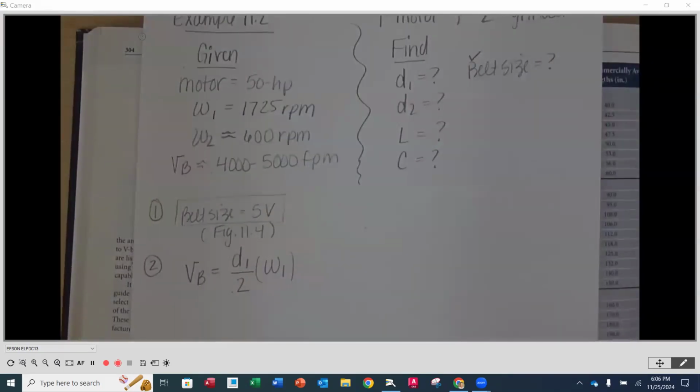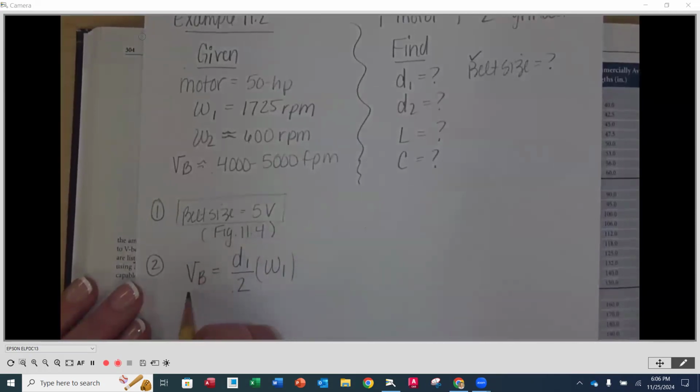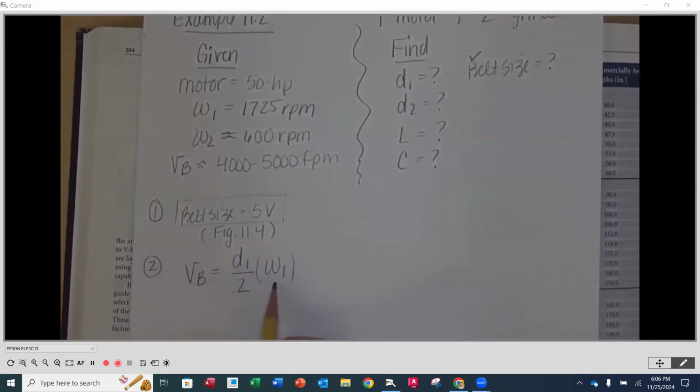But in this equation, can we use RPMs? No. And we have to think ahead here. This is the one where the velocity of our belt is going to be in units of feet per minute, and our W is in revolutions per minute.